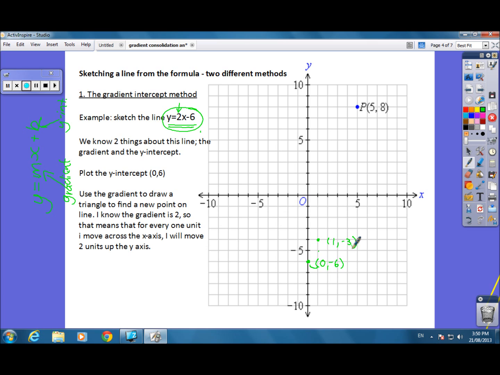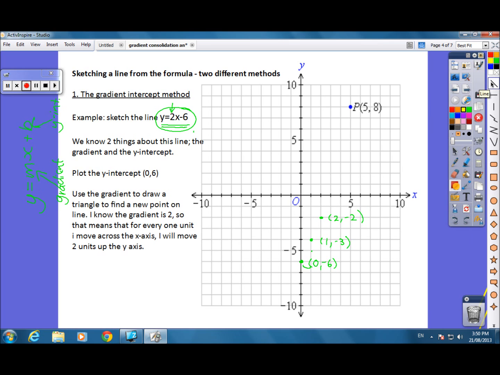I could do it again if I wanted to. I go across 1 and up 2. And there's another point. That's the point 2, minus 2. Once I've got even 2 points, I can draw a line through those points and it will be the line that I'm interested in. It's a bit wonky, sorry about that.